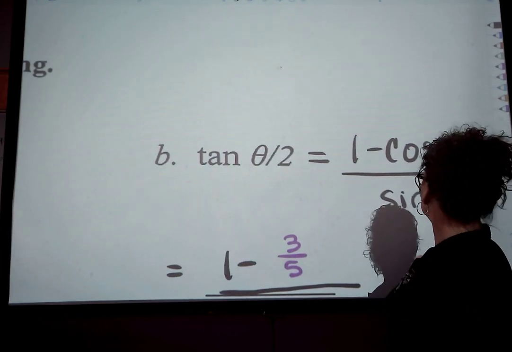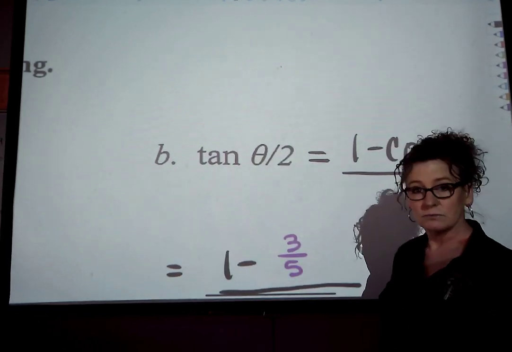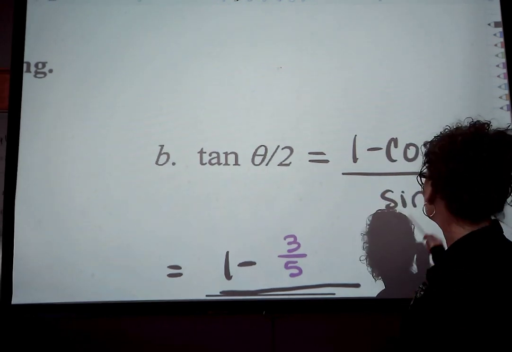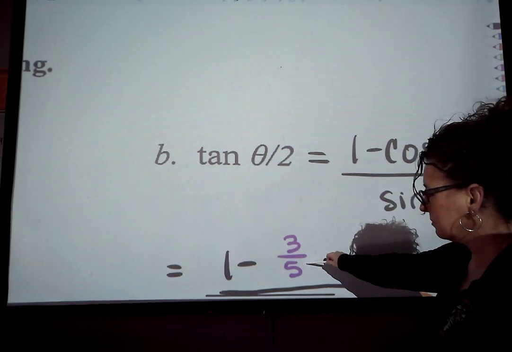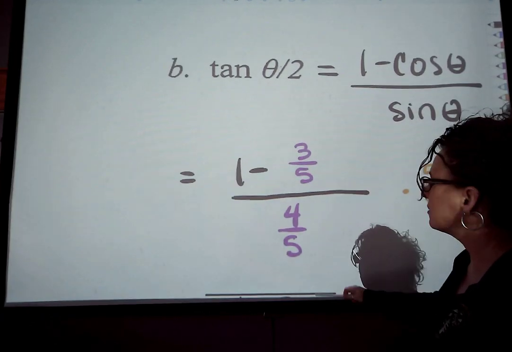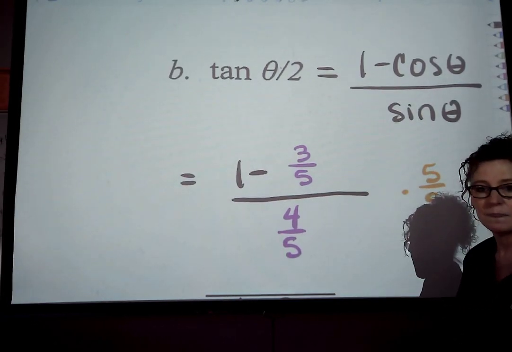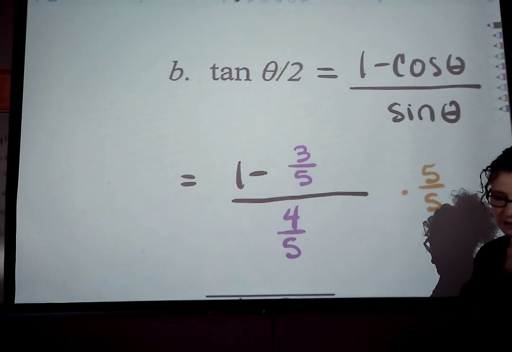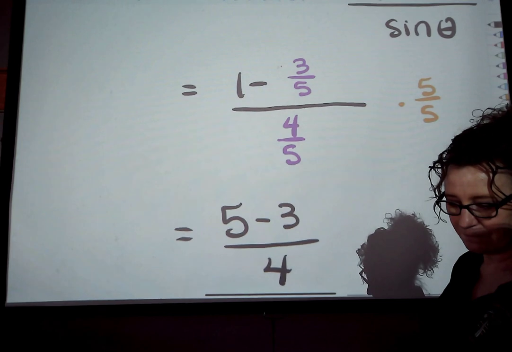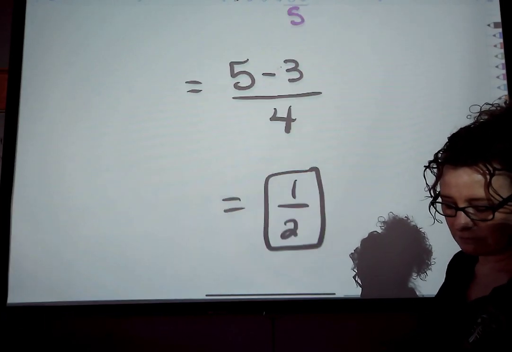And it says use this angle. So I'm going to grab my cosine fraction, which is over there in purple. I'm going to grab my sine fraction, which was over there in purple. I'm going to get rid of the fractions by multiplying everything by 5. And I do the math.